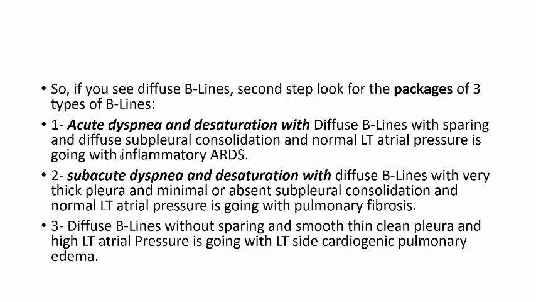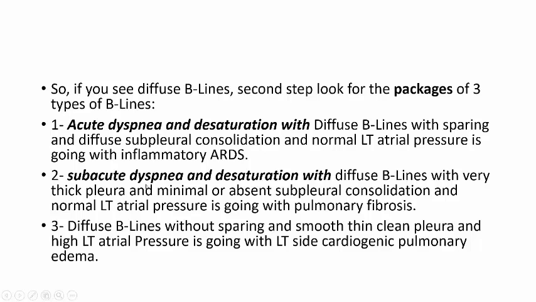In this situation, you will look for diffuse B line, with sparing, you will see A line beside B line, and the diffuse subpleural consolidation and the normal left atrial pressure is going with inflammatory ARDS. So, acute process of dyspnea and desaturation in a patient with diffuse B line and a lot of subpleural consolidation and sparing, you should think about inflammatory process, ARDS or infection.